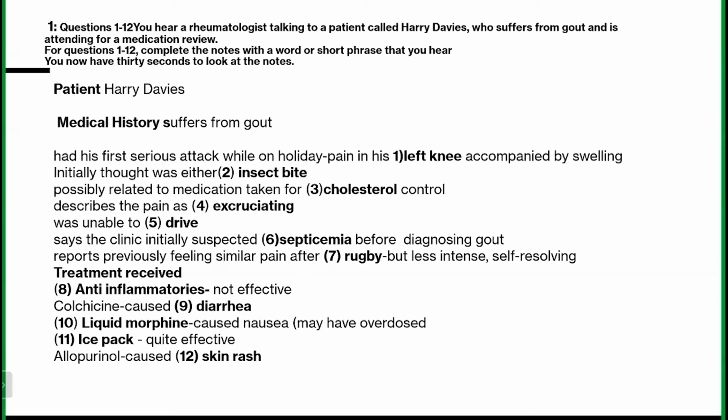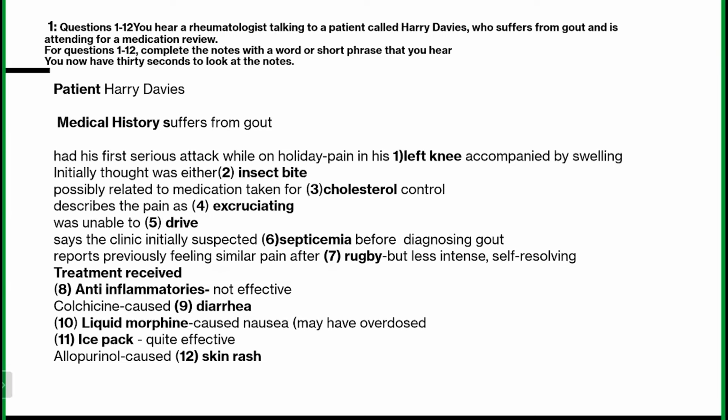But in the normal condition, if you are writing spelling mistakes, they will not give you the marks. For example, vomiting has one T. If you are writing two T's, sometimes they will give you the mark, but it is basic English. If it is written wrongly, they will not give you the marks.